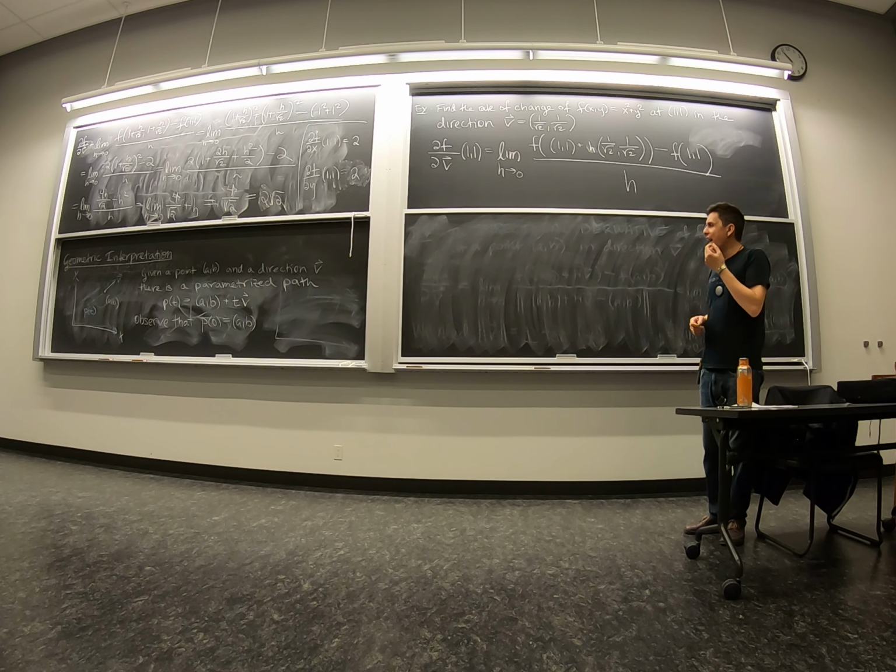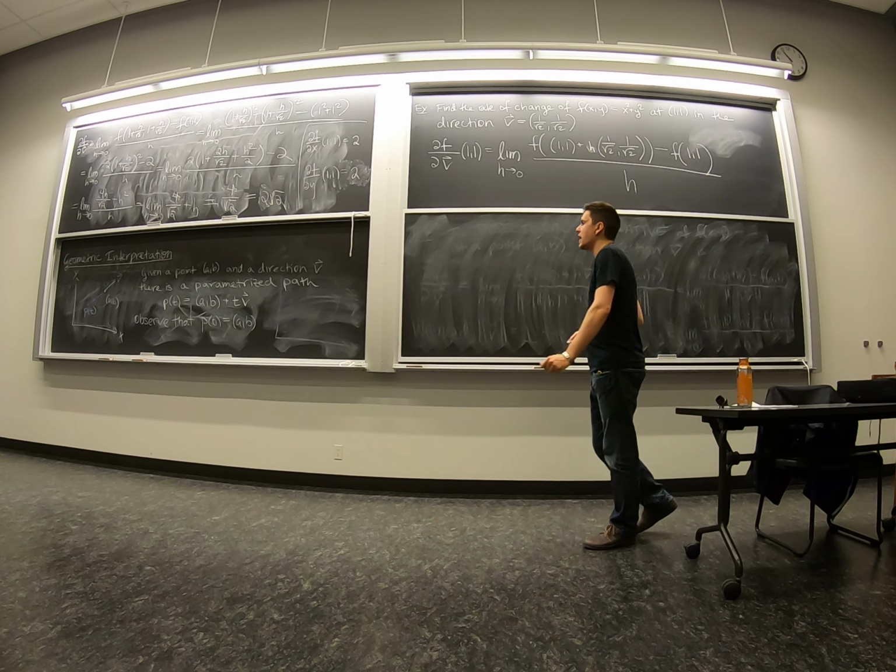So what we want to know is, how does our function change along this parameterized path? What is the rate of change as we walk along this path?